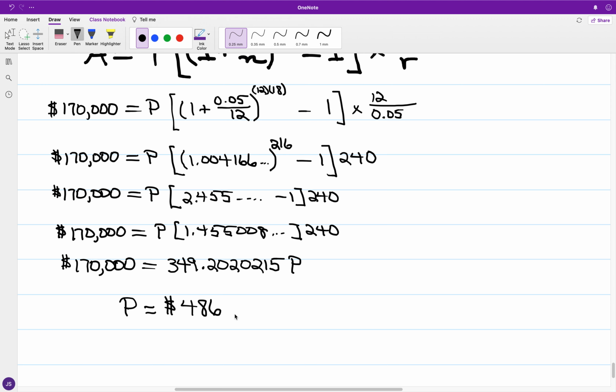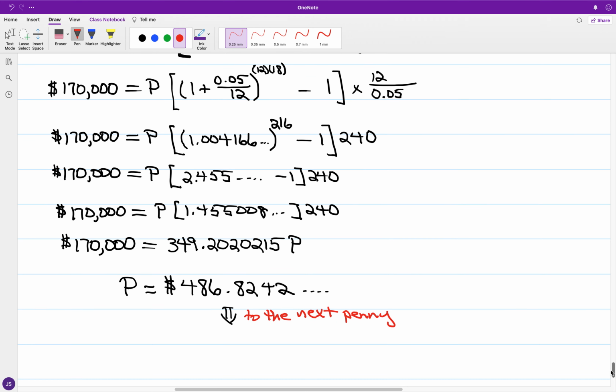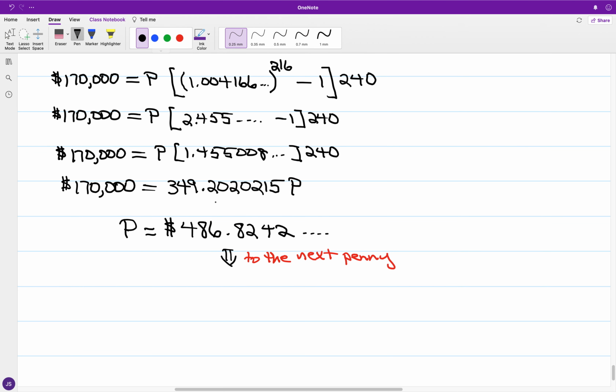we have $486.8242. And again, I'm stressing, to the next penny. Not the nearest penny, but to the next penny.